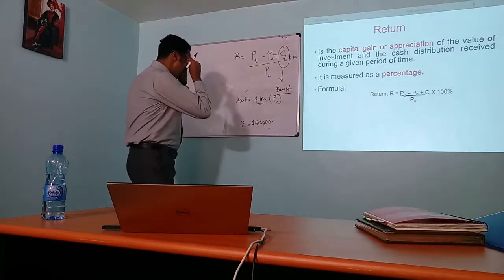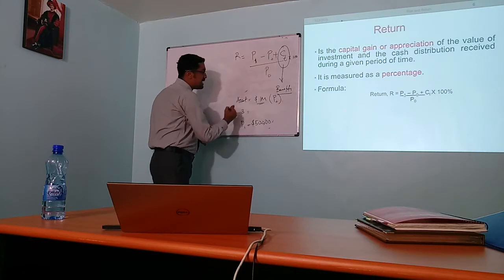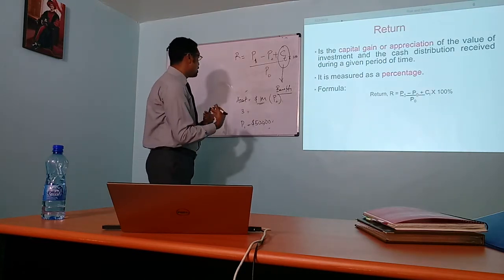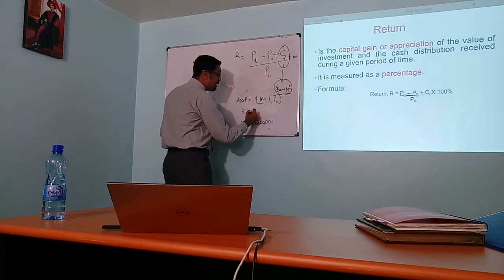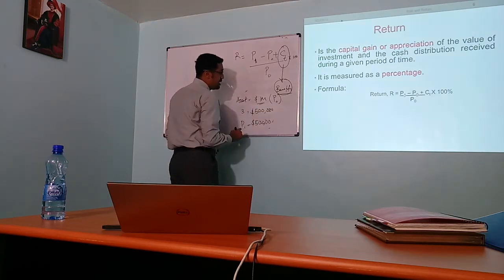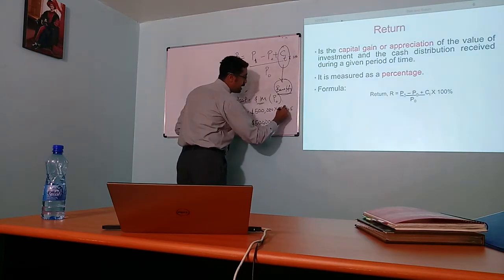Remember, this asset, if we are holding it for 2 or 3 years, it should be generating some values to us. So it should generate what we call financial benefit. So if per year we are getting $500,000, then times 3, that is $1.5 million.